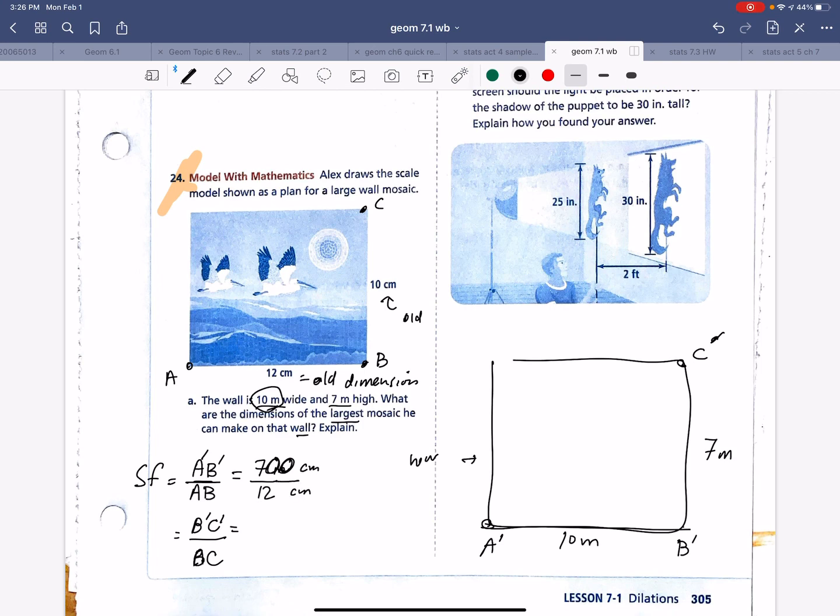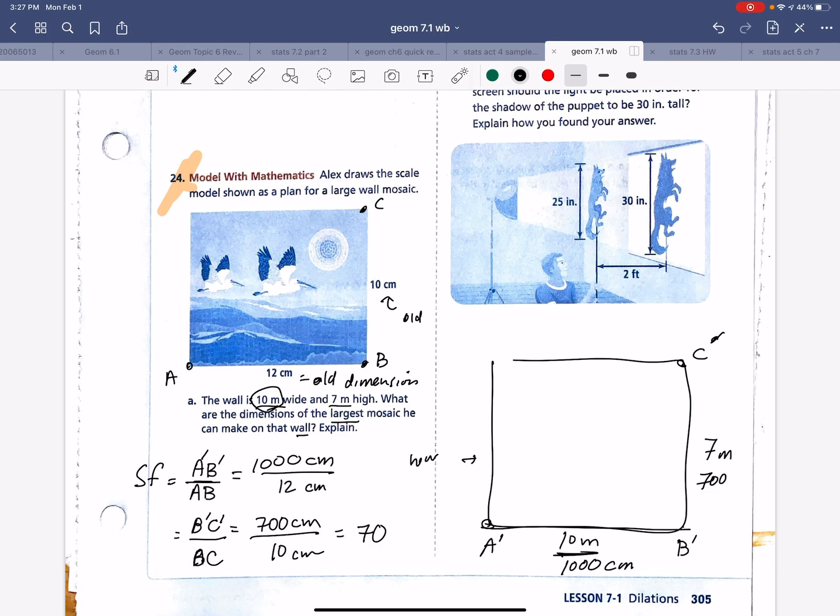Does that make sense? Actually, AB is 10, so I could call that 10,000 centimeters. And that's 12 centimeters. As far as height, that's 700 centimeters over 10 centimeters. So that's a scale factor of 70.